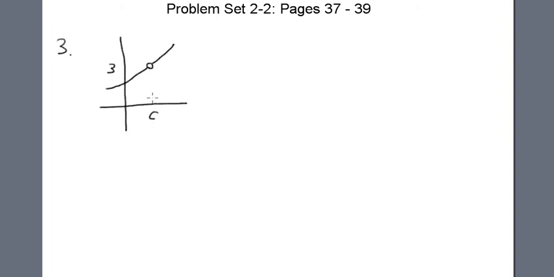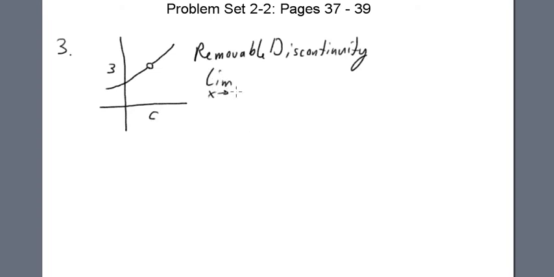So at c, remember the open circle means a removable discontinuity. Removable discontinuity means there is a limit. So if we want to write it out, we say the limit as x approaches c of f of x equals 3. Okay, c, 3. So it's pretty simple.